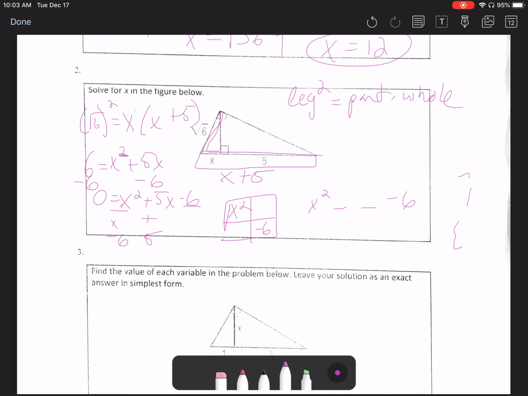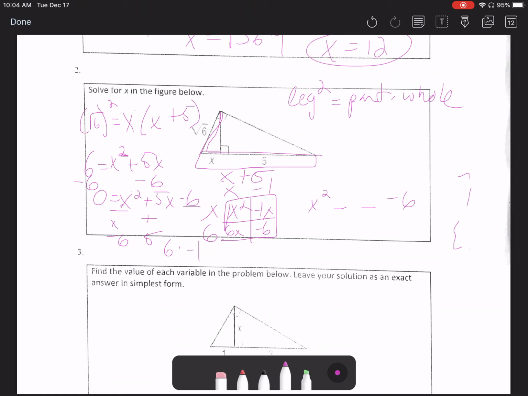I think about those two numbers, I know that they're going to be positive 6 times negative 1, so I'm going to have a 6x here and a negative 1x here. I go across, my greatest common factor of x squared and 1x is x, 6x and 6 is 6, this is x, and this is minus 1.